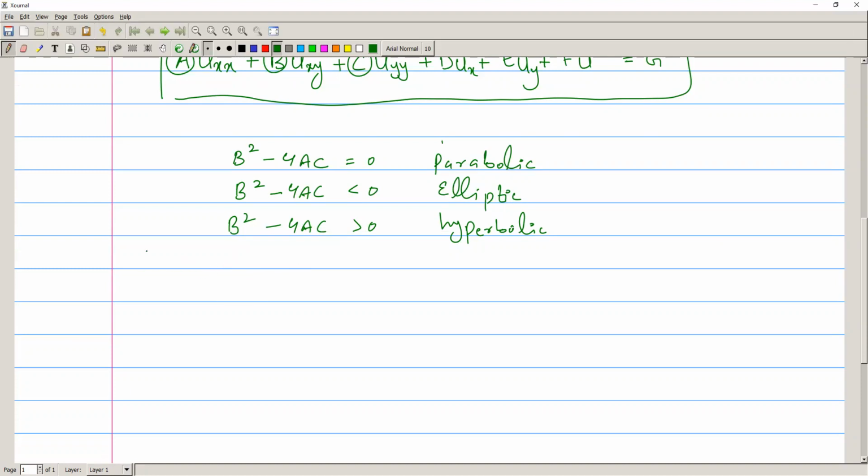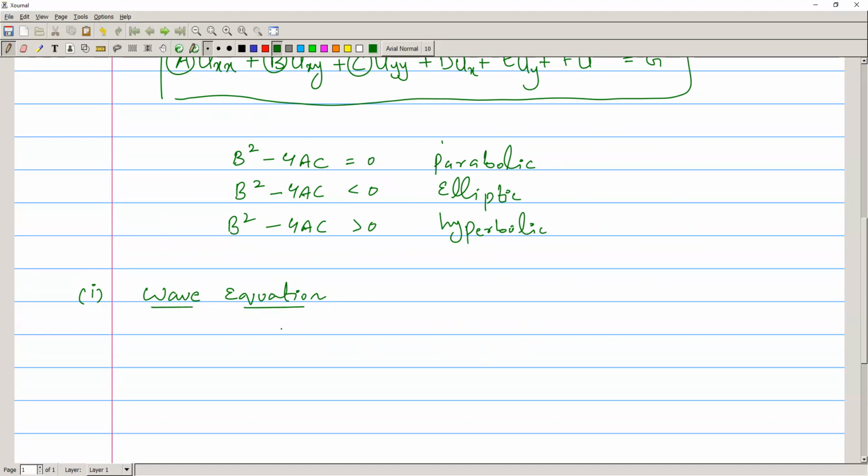So let's take some examples of the classical partial differential equations. First of all, we will talk about the wave equation, the classical wave equation derived by D'Alembert.